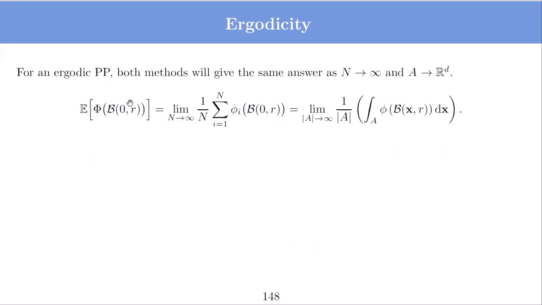So for an ergodic point process, both methods will give the same answer as n tends to infinity and A becomes as large as the complete space. The first one is the average over n realizations, and the second is a single realization, but you take different points in A and then average over the complete set A.